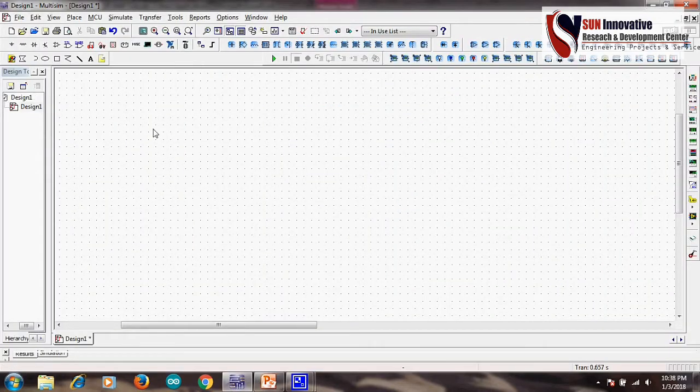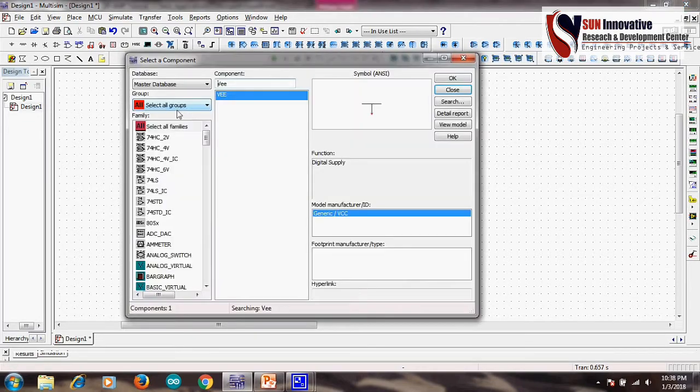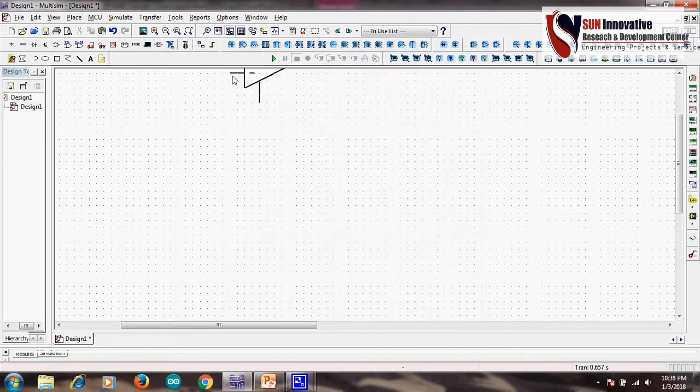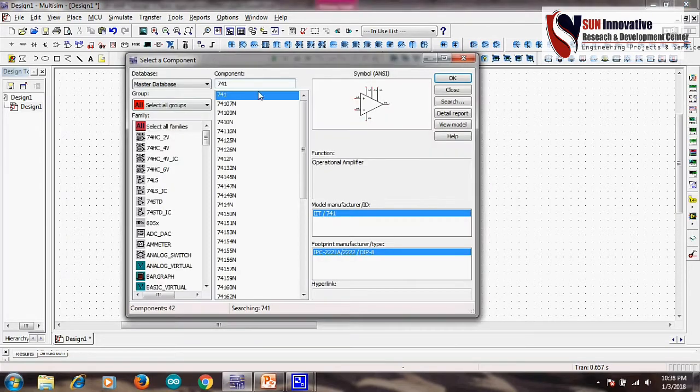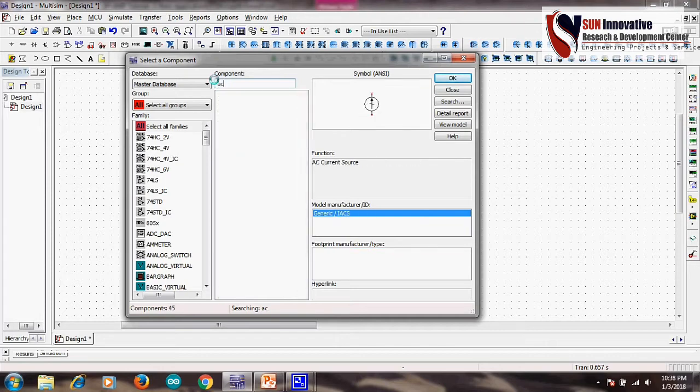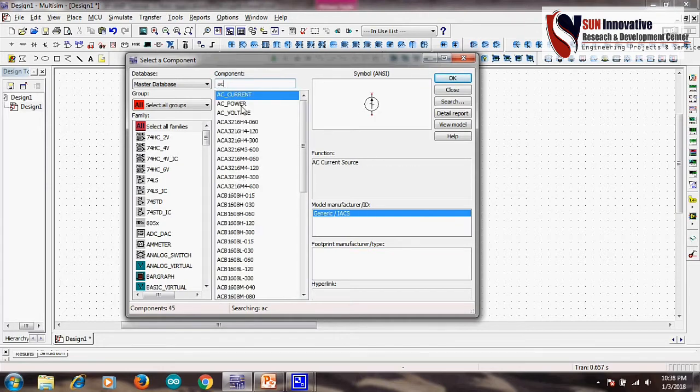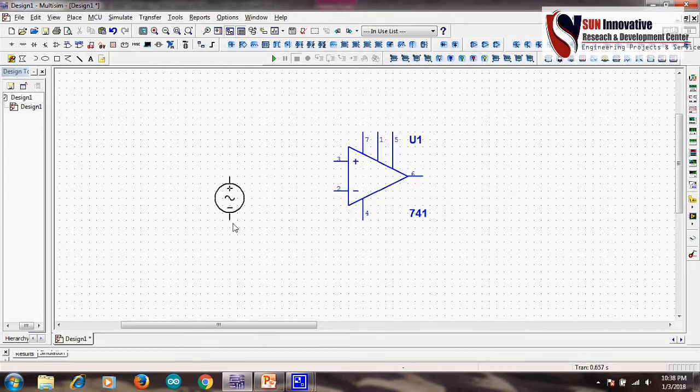Now this is the Multisim simulation software again. Go to place component and find all the materials required to make the non-inverting amplifier. Before, we had taken the AC supply, so again we will select the AC voltage here.